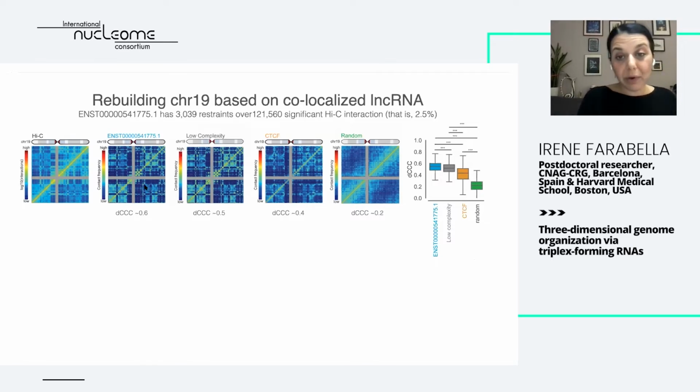As a positive control, we looked at the reconstruction ability of CTCF-mediated interactions, since CTCF is a well-known genome organizer. And yet again, the reconstructions driven by the long non-coding RNA are in better agreement with the experiment.